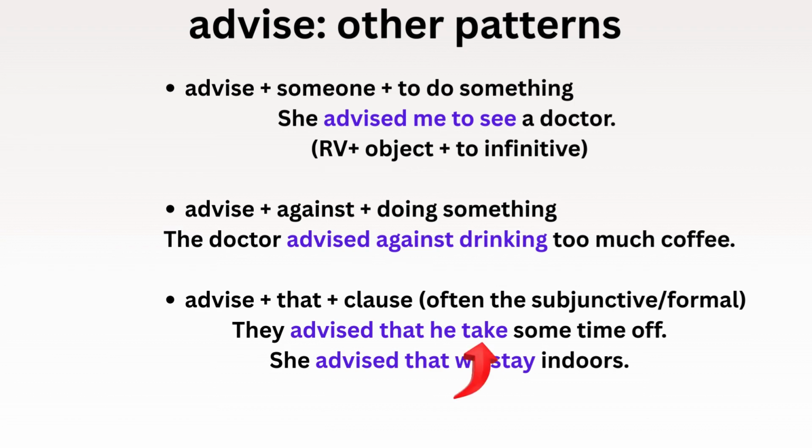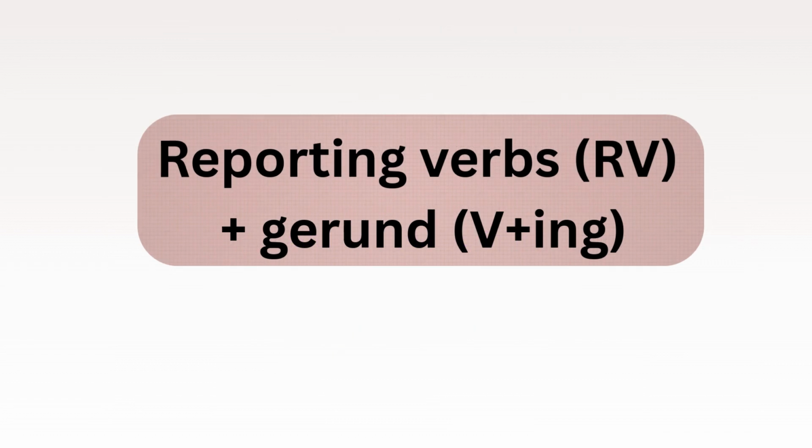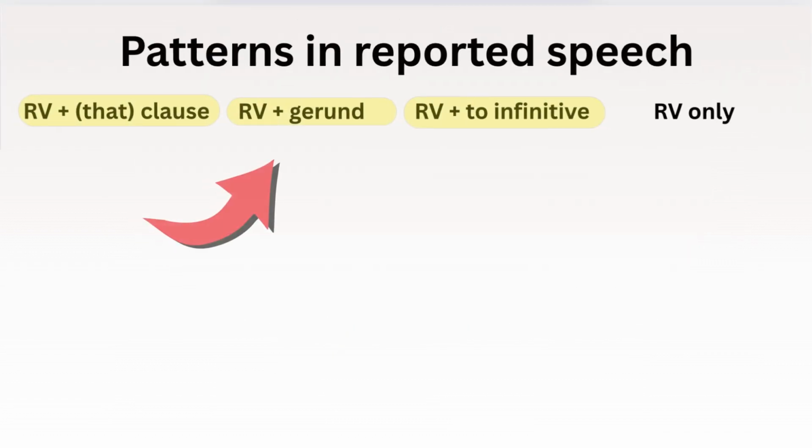And I'll talk a little bit more in detail about this form later, but I just wanted to show that after some verbs, we can use a variety of patterns, and that's what makes this specific topic a little bit more complex. Now let's talk about reporting verbs plus gerund.